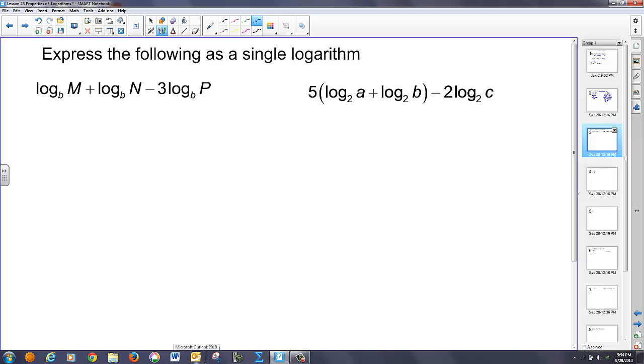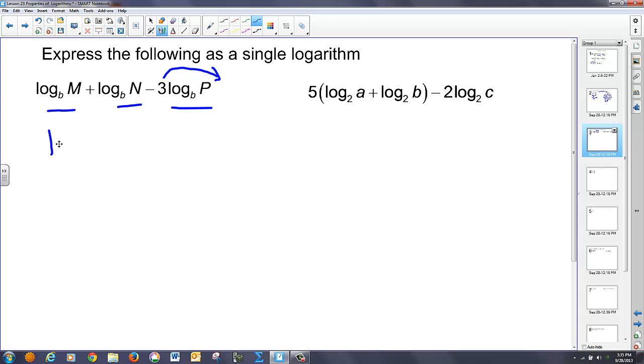Very similar. In this case, I have an addition followed by a subtraction, and then there's a multiplication within that. So what I'm going to do is take this multiplication, bring that into a power, and then deal with this sum first.